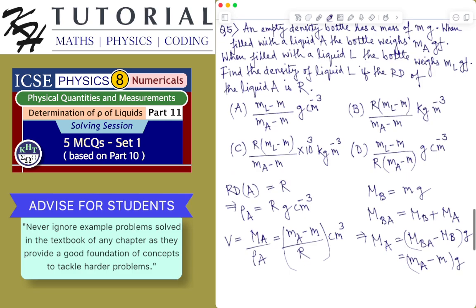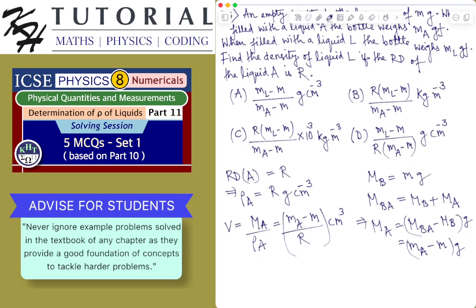Now it is also given that when the density bottle is completely filled with liquid L, it weighs ml gram. So MBL, which is the mass of the density bottle plus the liquid L, will be the mass of the empty bottle plus the mass of the liquid L completely filling the density bottle. This is given to be small ml gram.